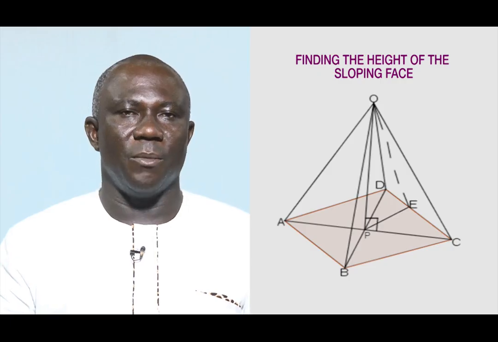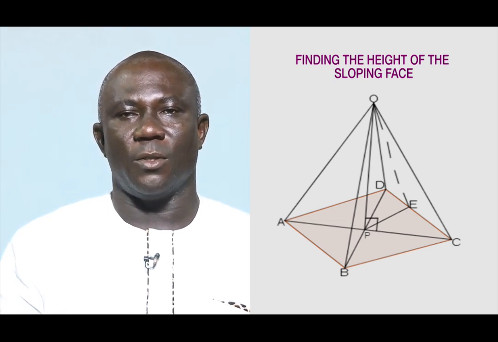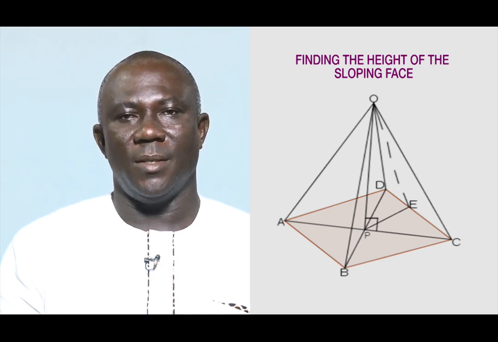Let's look at how to find the length of the sloping face. As you can see from your screen, from the pyramid, OE is the height of a sloping face. We will consider the triangle EOC.